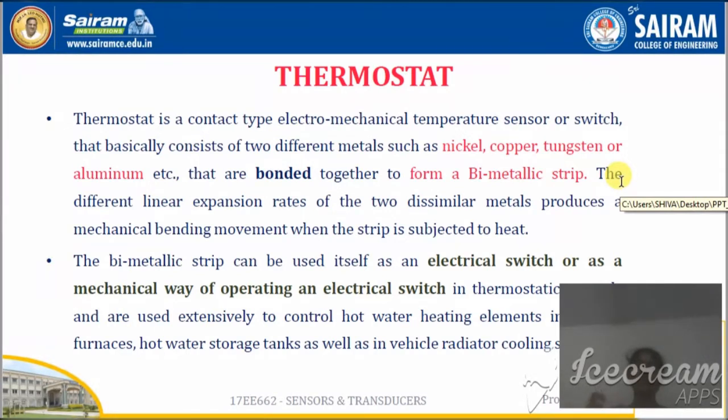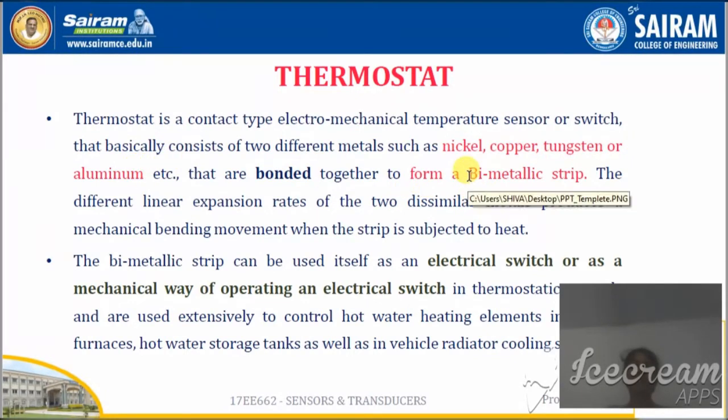When you see a water immersed heater, there will be two lines, and those two strips are called the bimetallic strip. That is to control the hot water heating element in the furnace, hot water storage tanks as well as in the vehicle radiator cooling system. Basically, the thermostat is made up of metals like nickel, copper, tungsten or aluminium.